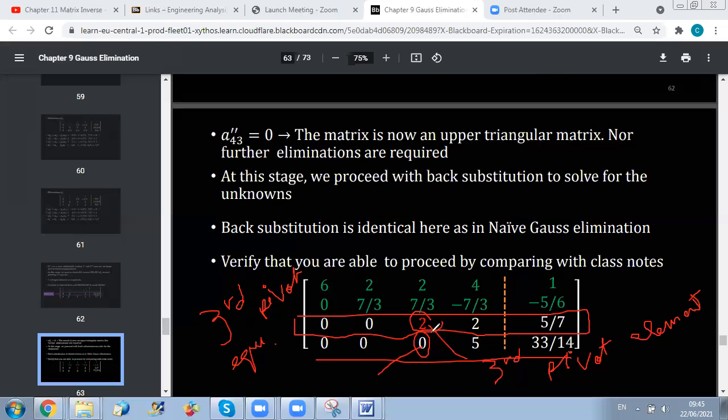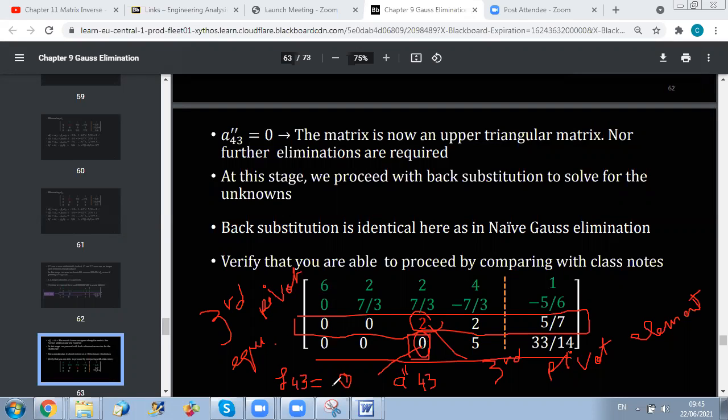Since this element is A43, or if you want A second, because already we changed it, A second for 3, so my factor will be called F43. But it will be equal to 0, okay, because this term is already 0 over 2, it's 0, so I don't need to do anything now.